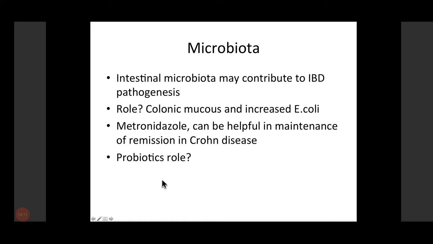And similarly, the role of probiotics is coming up, and even of fecal transplants. Now, probiotics increase the normal gut flora, and fecal transplant from healthy individuals of the normal gut flora into the colon of an unhealthy individual with IBD, again, are both based on the fact that the intestinal normal microbiota is changed, replaced by the unhealthy increased E. coli, and that causes triggering of the immune response.